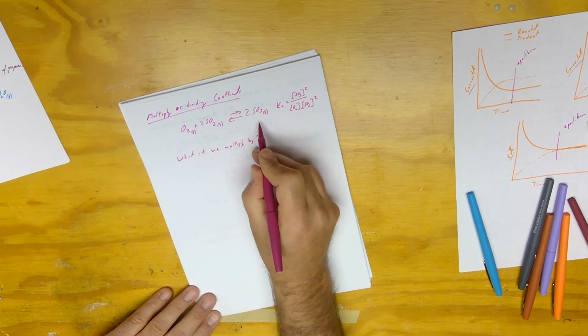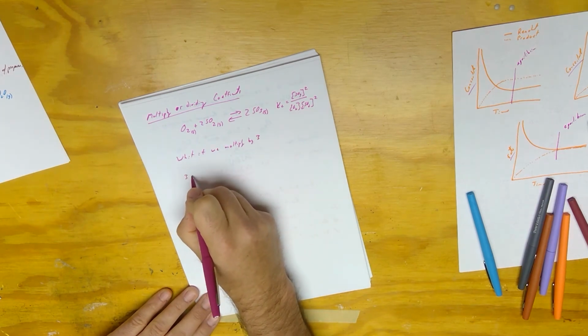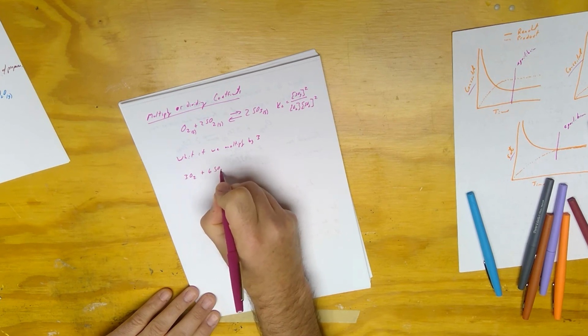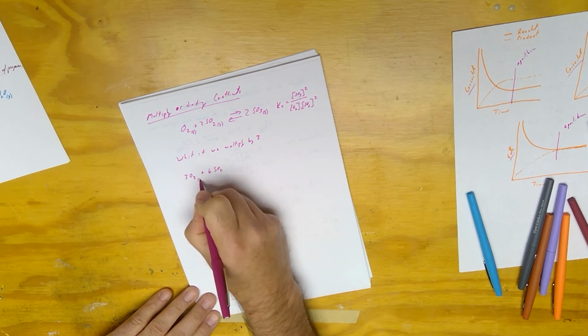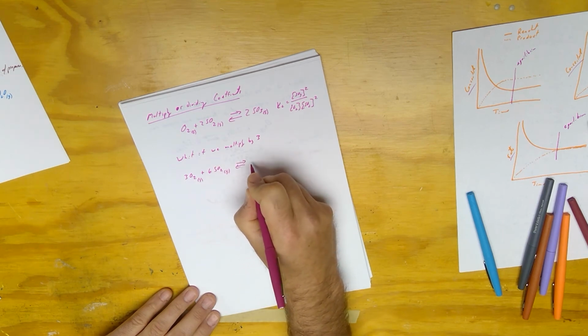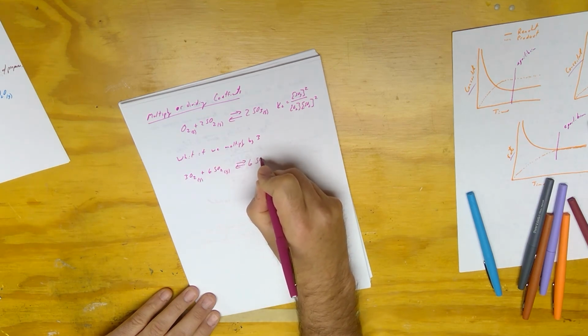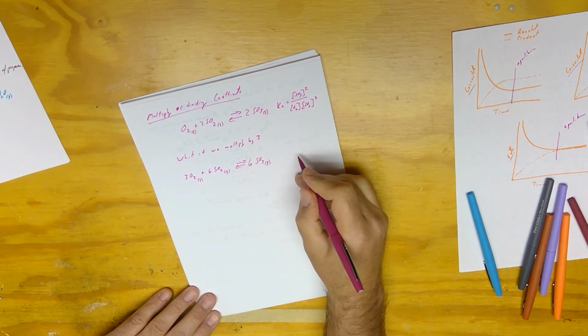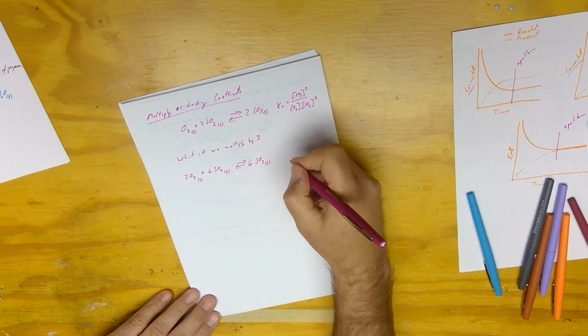Okay, so if we multiply through by 3, we end up with 3O2 plus 6SO2, and these are still gases, in equilibrium with 6SO3 gas. All right, so what does this do to K?